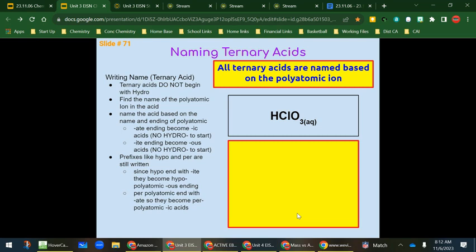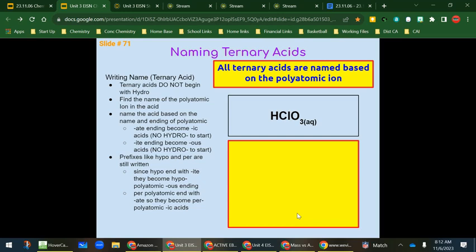Prefixes like hypo and per are still written. So if this was hypochlorite, it would become hypochlorous acid. Now here's the good news. What can't become acids for polyatomics? Water is not part of a polyatomic.